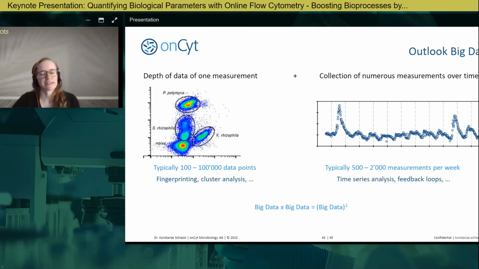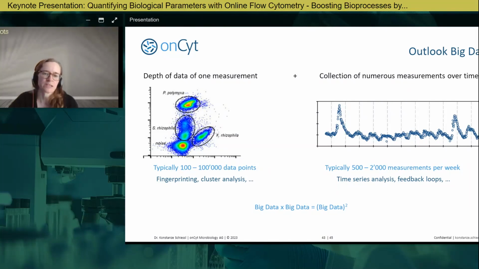Okay, I talked a lot, and I showed you a lot of examples and a lot of data. And towards the end, I just want to take one step back to highlight that what we are talking about here is a measurement method that really produces big data on biology. It's maybe not as much as sequencing, but it is a lot.